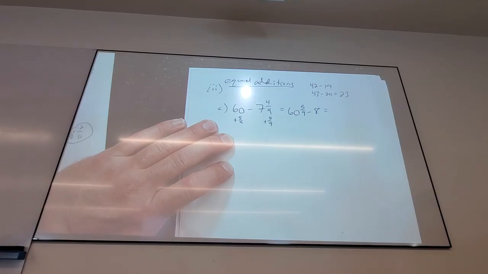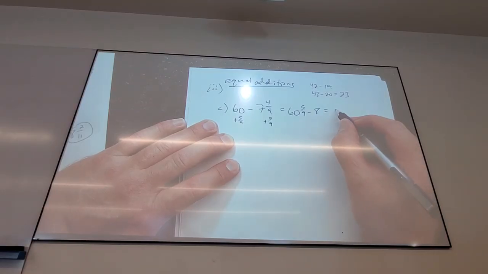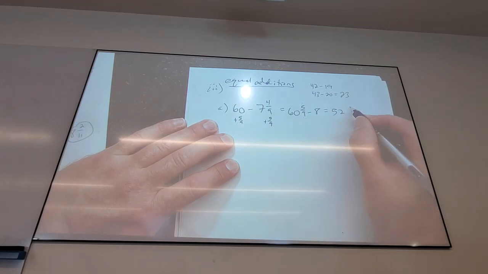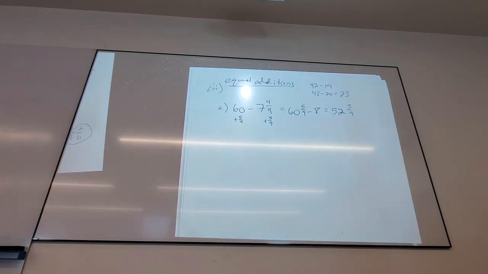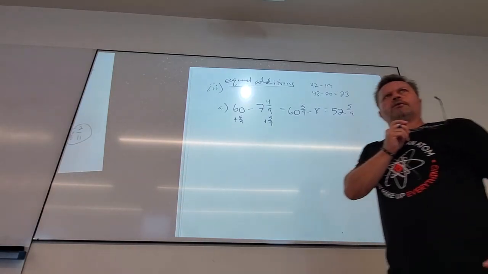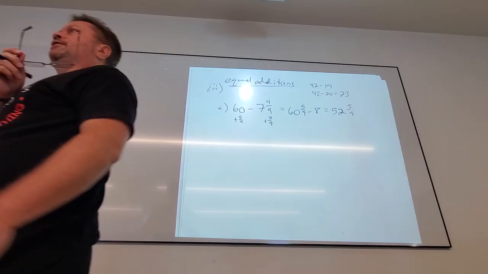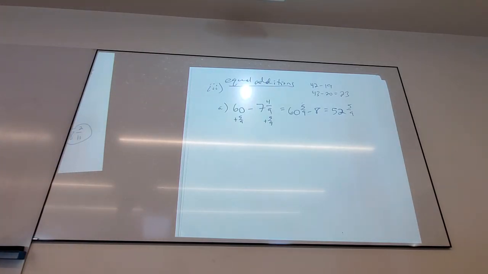If you do it, what's 60 minus 8? 52, and you got 5/9 that it didn't touch, yes? Is that cool? You can see that? 60 and change minus 8 is 52 and change, right? So effectively what I did was I shifted the fractional part to the first dude, and that's where I want it to be. Because then it's just left over at the end.